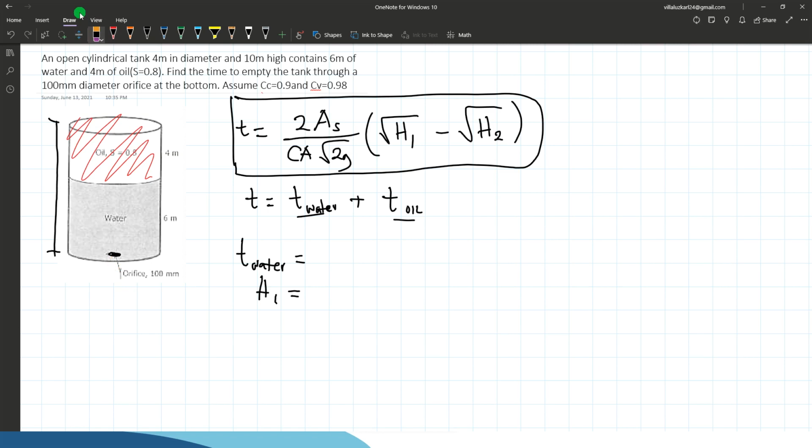So it is also considered in computing the total time for water.